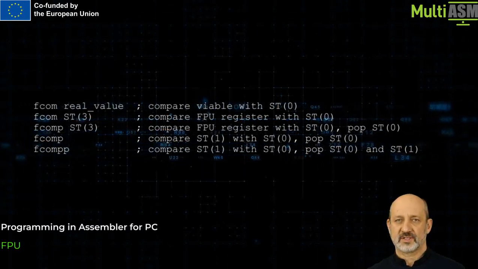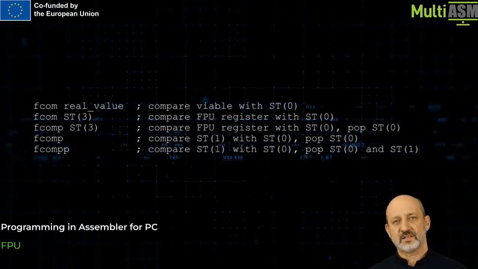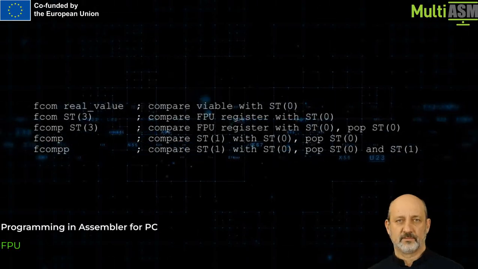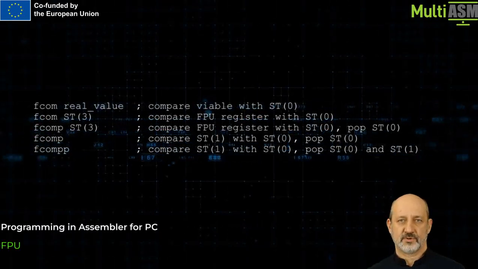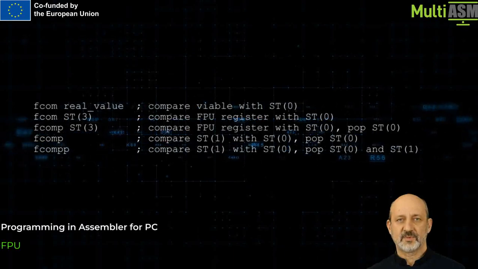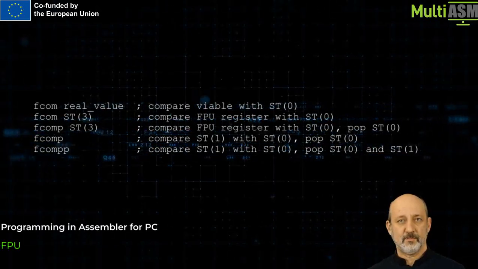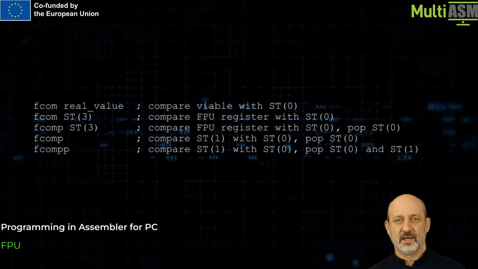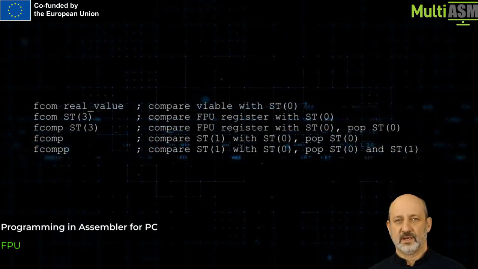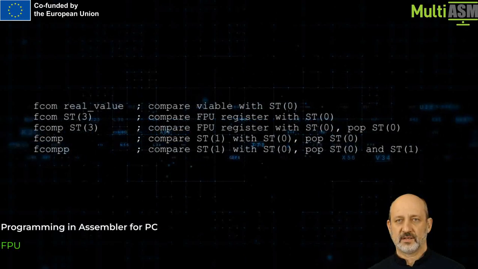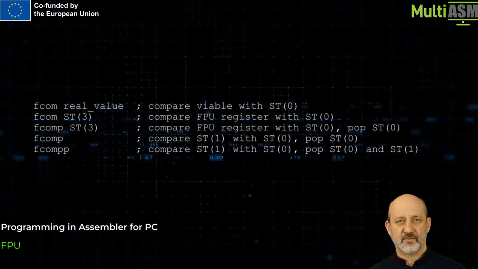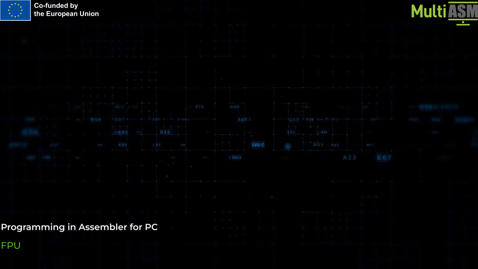If no operand is specified, it compares st0 and st1. Popped version fcomp pops st0 off the stack. The instruction fcompp with double p at the end can't have any argument. It compares st0 and st1 and pops both registers off the stack.